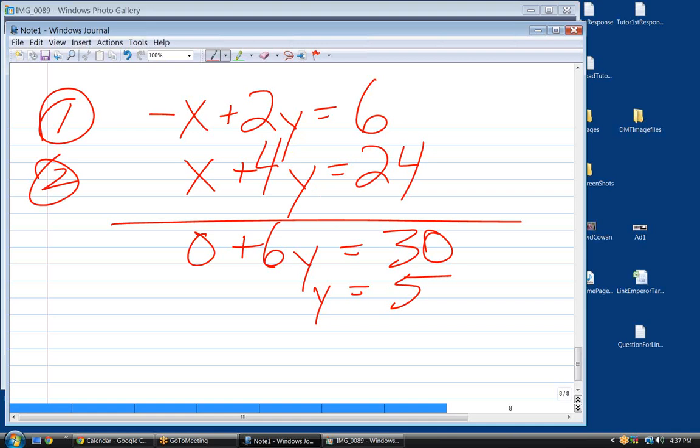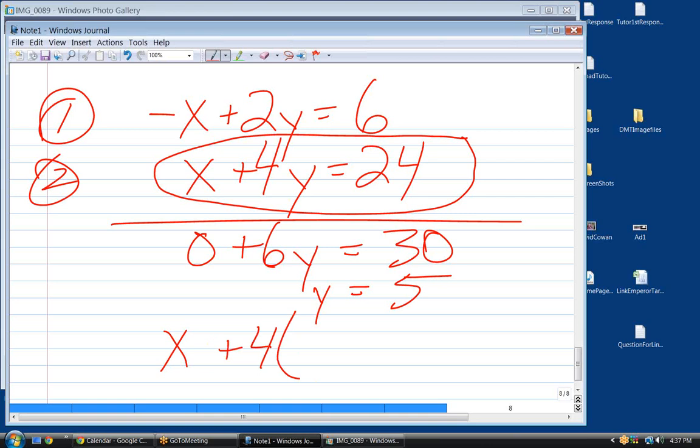So in order to get a solution, let's choose the easiest one. That one's easier because the x has a positive sign in front of it. So plug in 5 for y in this equation. And what is x equal to?